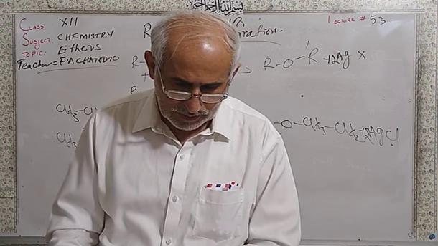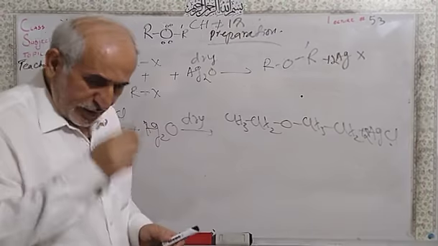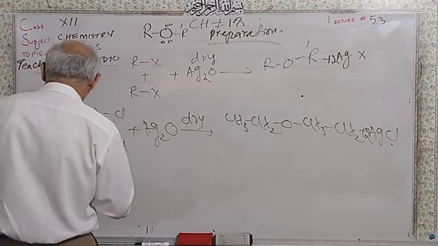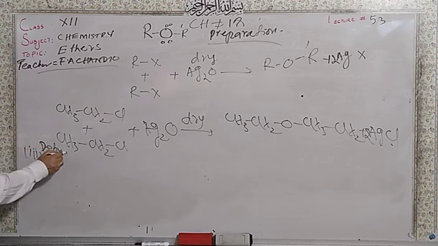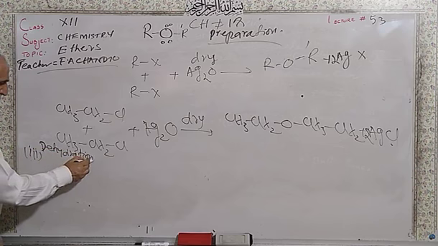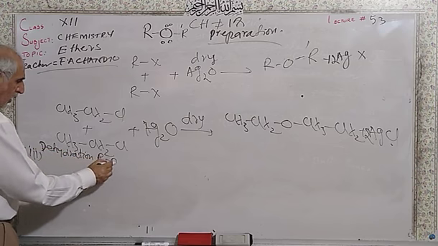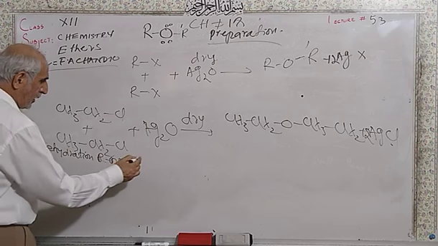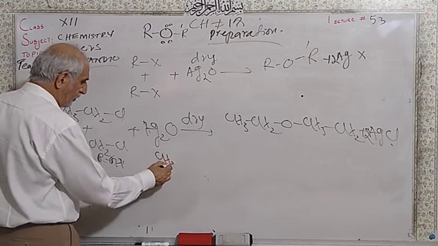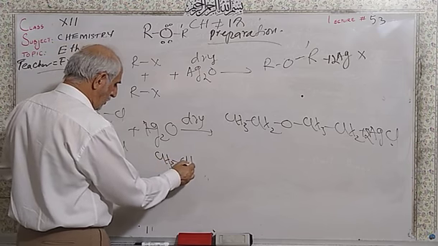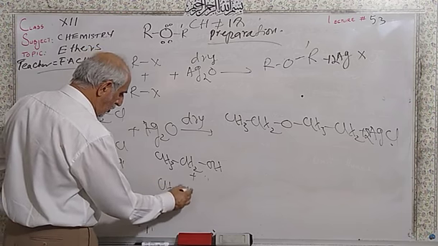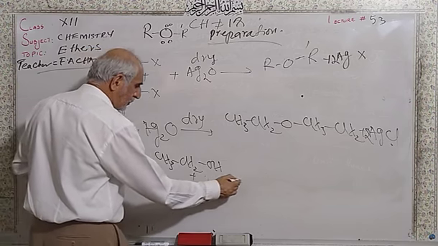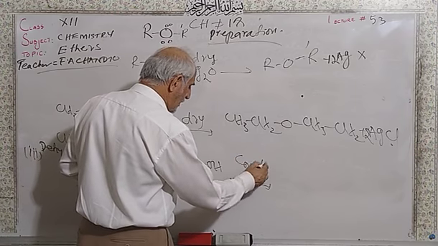dehydration of alcohols. Dehydration of alcohols, please remember that conditions are very important here. You have ethyl alcohol plus 2 moles ethyl alcohol, concentrated sulfuric acid.